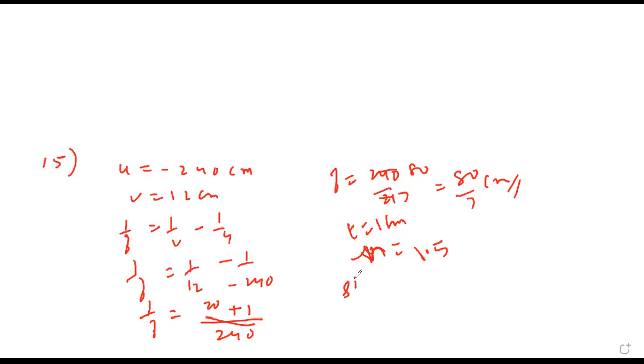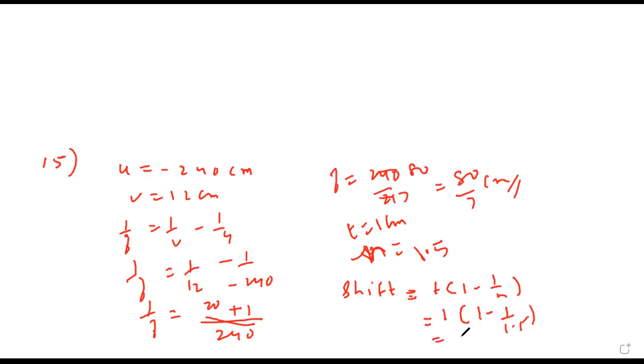What is the formula for shift? The formula of shift is thickness into 1 minus 1 upon n, which will be 1 into 1 minus 1 upon 1.5.